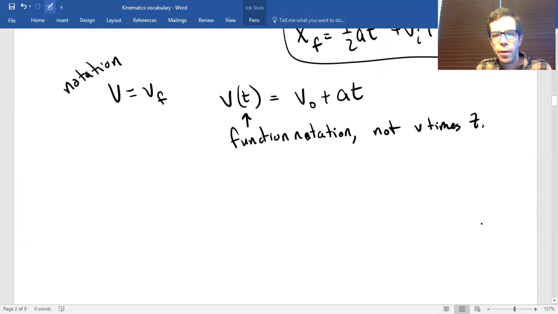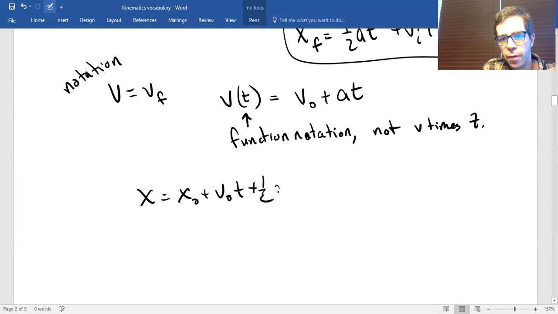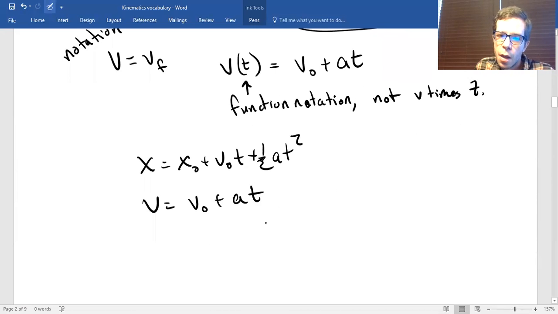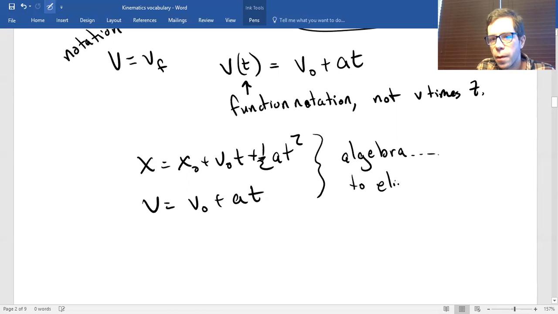All right, so now we have our two basic kinematics equations. x is x naught plus v naught t plus 1/2 at squared. And v is v naught plus at. We can do some algebra on these to eliminate a or t.